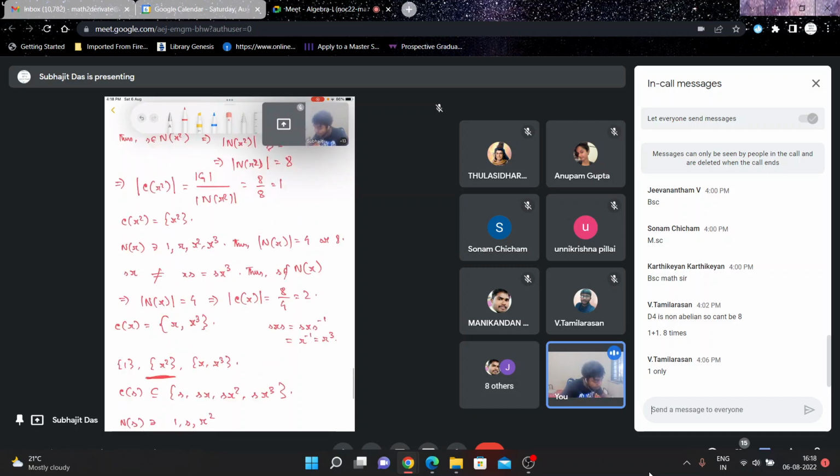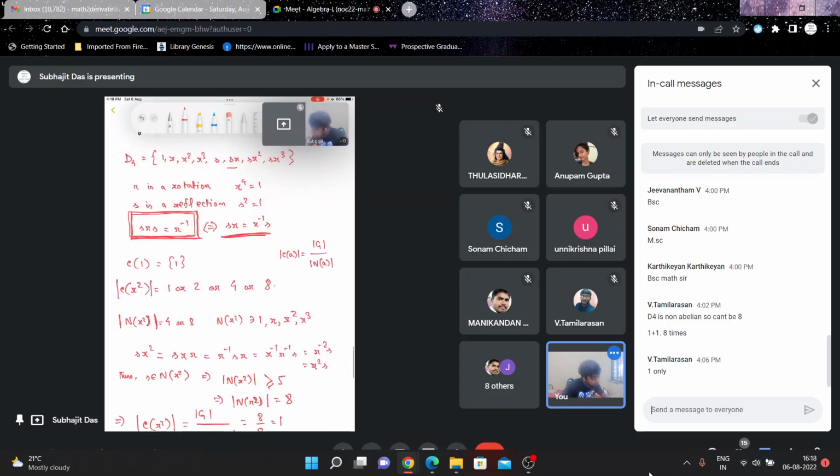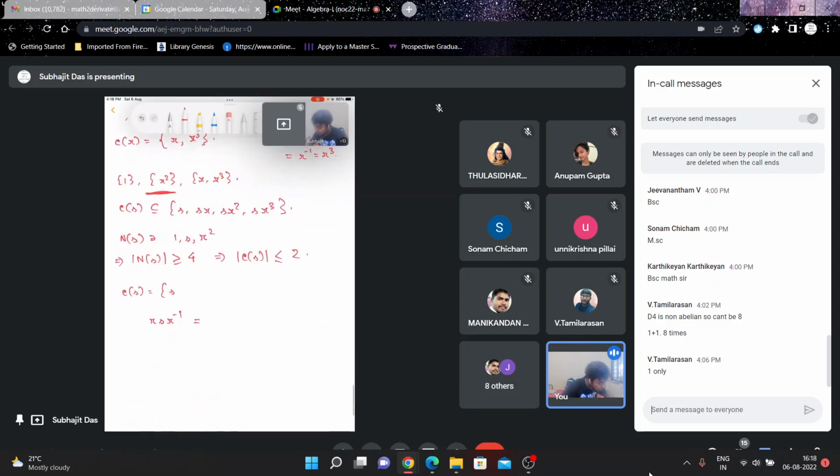We already have a relation, right? So SR is R inverse S, right? So using the relation again and again, simple computation, this gives you S R square.